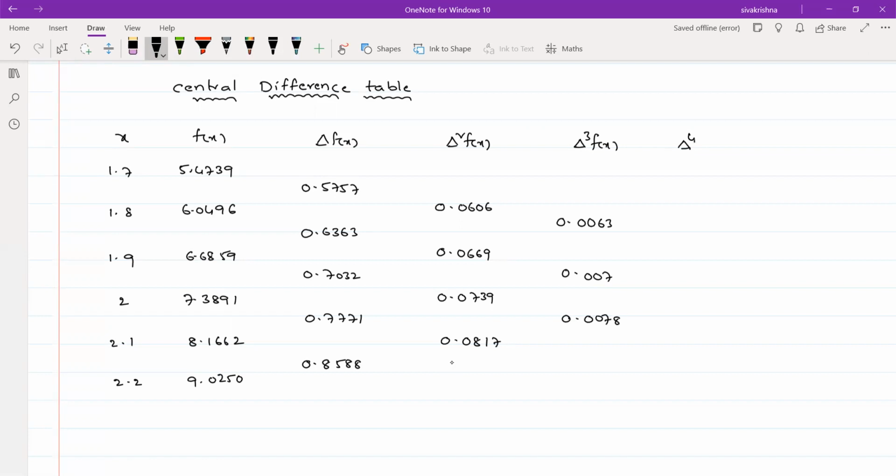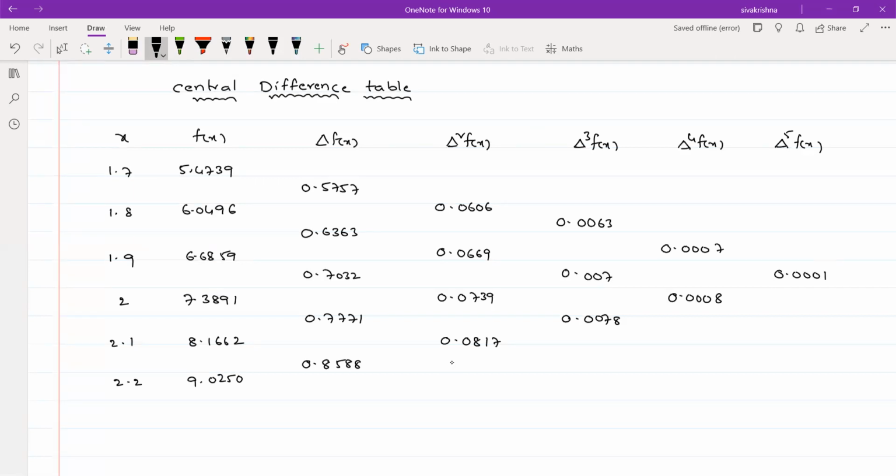The fourth differences, delta power 4 f of x, are 0.0007 and 0.0008. And the last value, delta power 5 f of x, is 0.0001.